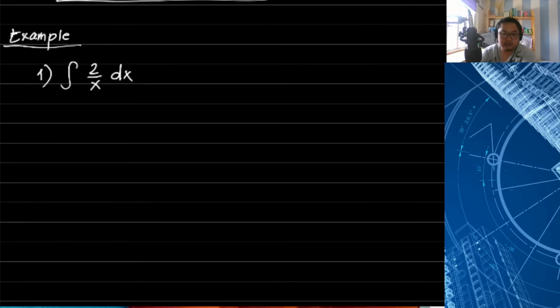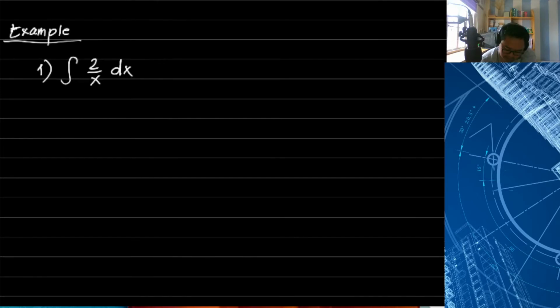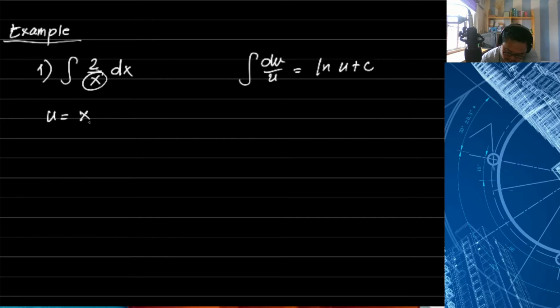Let's examine if this will qualify for our formula, integral of du over u equals ln u plus c. The denominator here would be our u, and the du here is dx, so we have dx in the numerator. Therefore, this will qualify for this formula. The only problem here is there is a constant 2 in the numerator also.